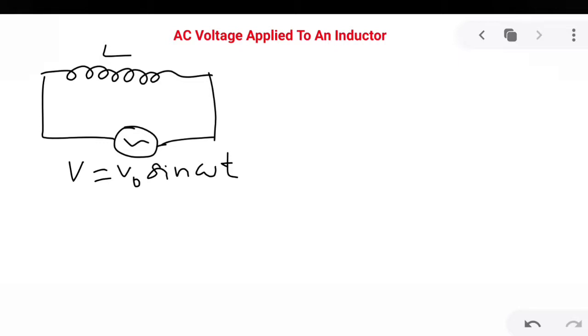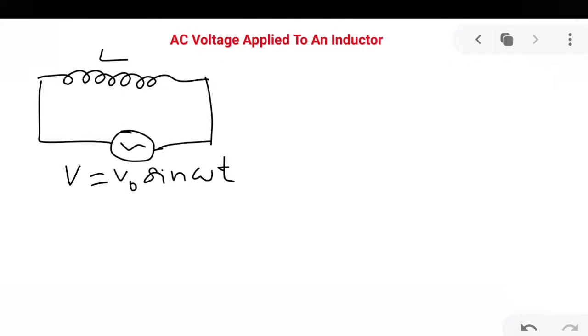Now we have to find the voltage-current relation for the inductor. From Faraday's law, the EMF is equal to d phi by dt. Here this EMF is equal to the voltage that we are applying.